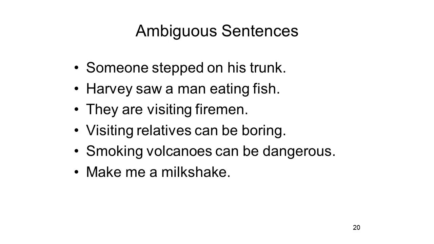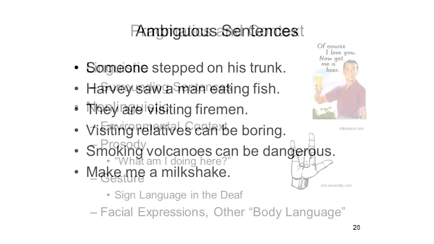If I say to you, "Harvey saw a man eating fish," you don't know whether Harvey was in a restaurant or an aquarium. If you read that sentence in printed form, you'd know instantly what it meant because there'd either be a hyphen there or not. But hyphens don't show up in oral language. So just from the words and the syntax, you don't know what's going on.